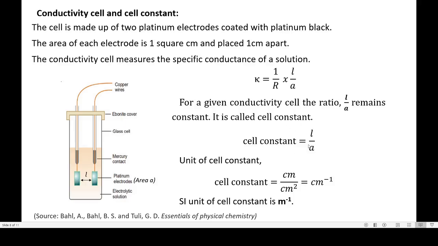So the cell constant is given by L upon A, and the unit for cell constant will be: length in centimeter, area in centimeter square, so it will be 1 upon centimeter or per centimeter. And in SI units, the cell constant unit will be per meter.